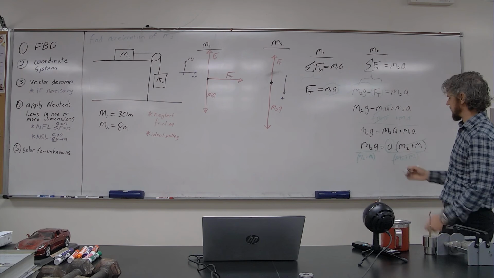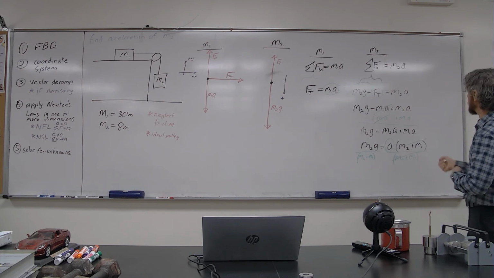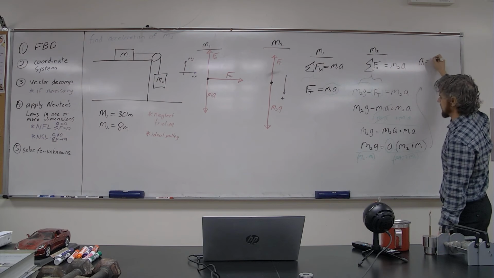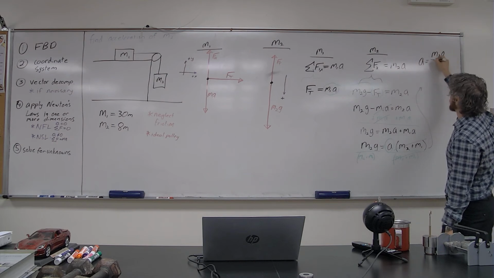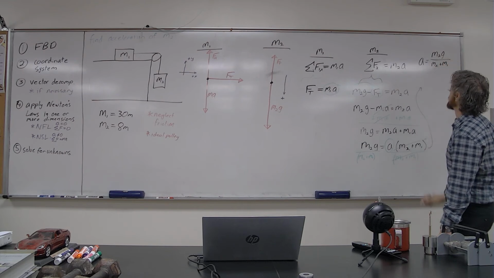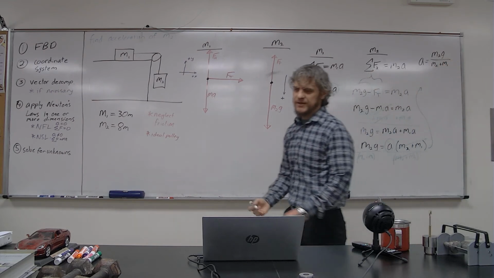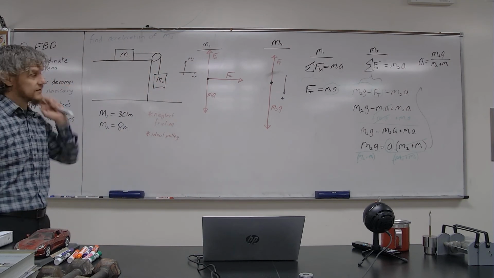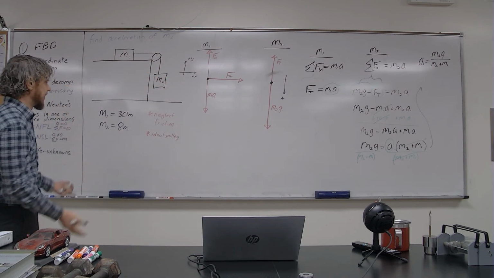The acceleration is now by itself. The acceleration now is M2G divided by M2 plus M1. But as you'll probably notice when you look at the answer choices for this problem, that is definitely not one of the choices.